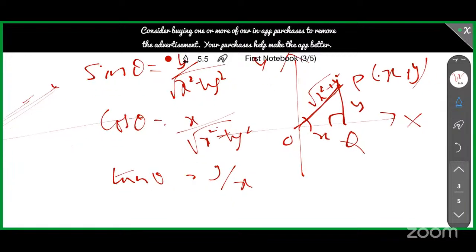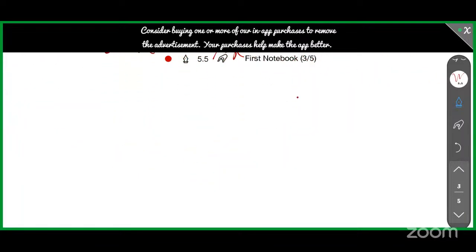If I want to say it generally, without the diagram, if this is my point P, the distance from O to P is my modulus, and modulus is denoted by the letter R. The angle of inclination of this R from the x-axis is my theta. Is it clear so much? The concept of modulus and theta.